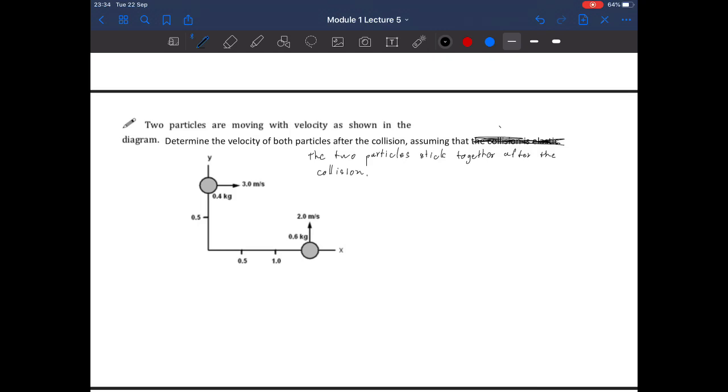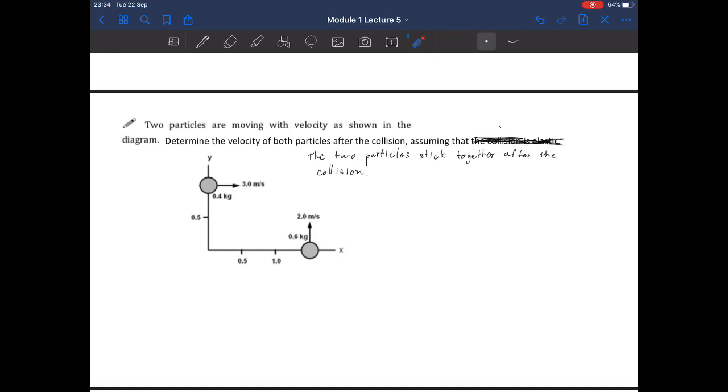Okay, so yeah, let's change the question to be like that. Determine the velocity of both particles after the collision, assuming that the two particles stick together after the collision.